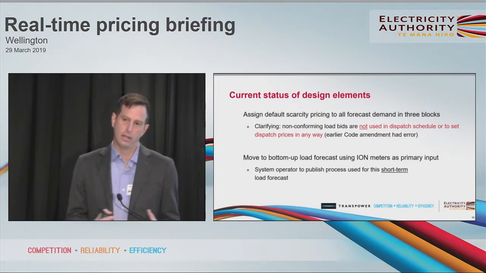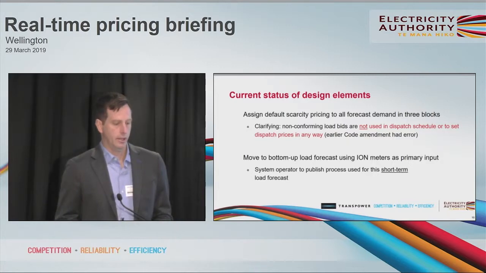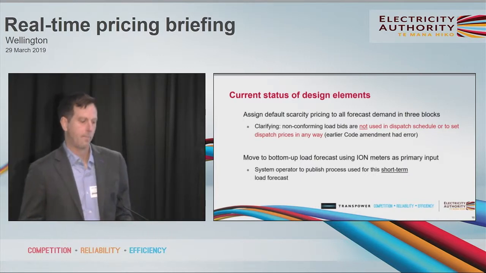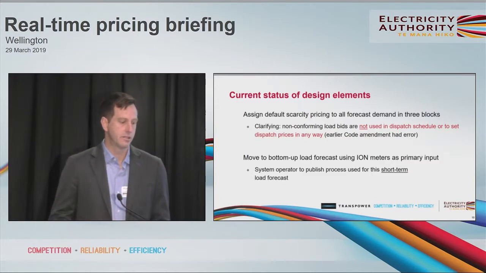One of the core elements of achieving real-time pricing is to put a price on all load. So for that load that isn't bid explicitly in the real-time dispatch as dispatchable demand, we would assign scarcity pricing values in 3 blocks by default.